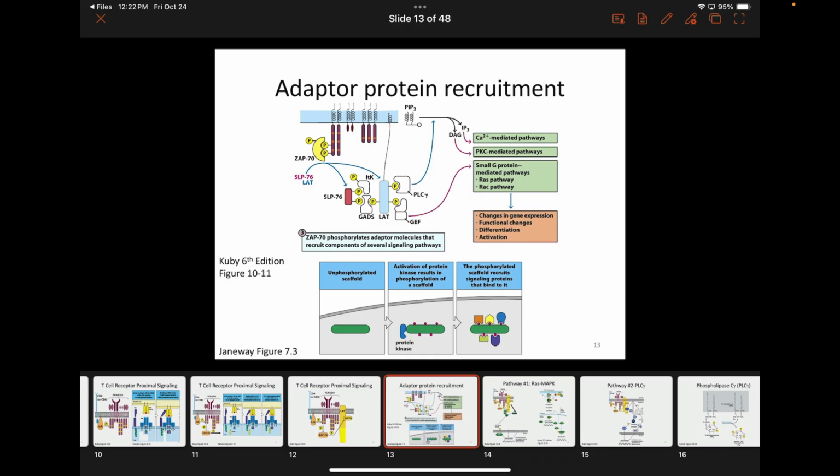Now we're going to have branching happen. And so I'm going to go down one branch all the way till we get to a transcription factor. And then after we get to that transcription factor, I'm going to come back to LAT SLP76, and I'm going to go down again until we get to a transcription factor. So that's the way that we're doing all of this.